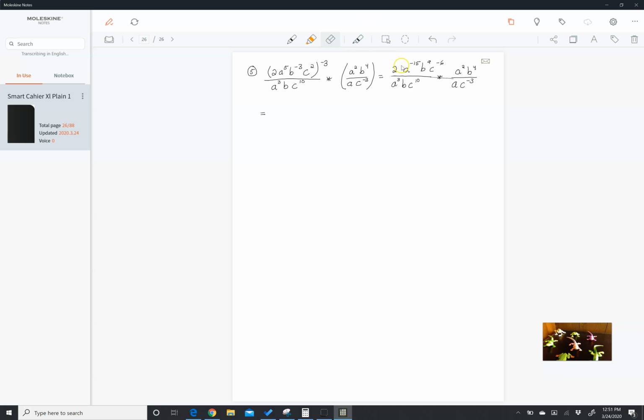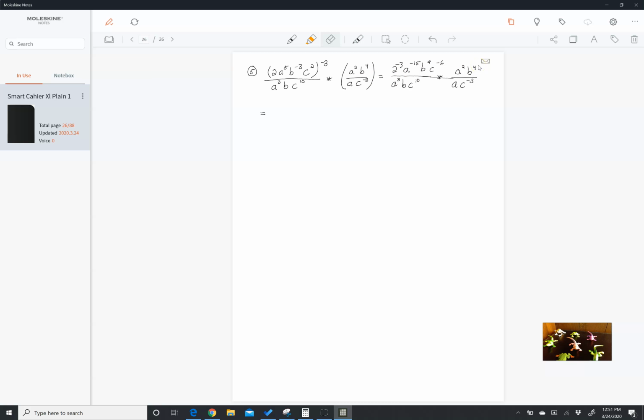So I'm just going to rewrite this because it does not look clear. Okay, that's a little better. So we're going to move the 2 to the negative 3 to the bottom, and that'll make it positive. And we're going to do two things at once. We're going to move the 2 to the negative 3 to the bottom, and we're going to combine horizontally.